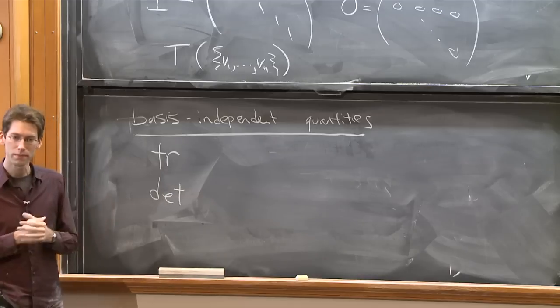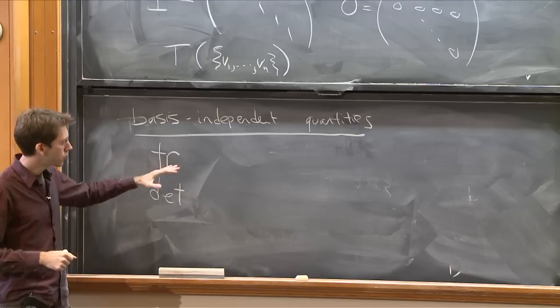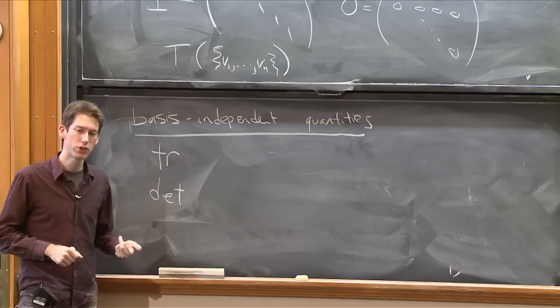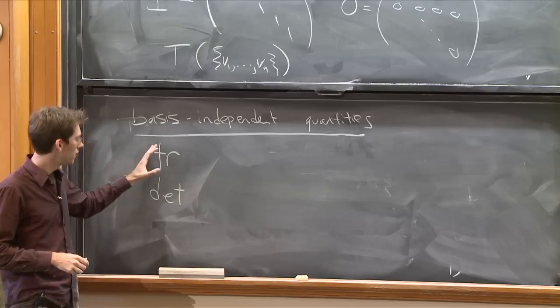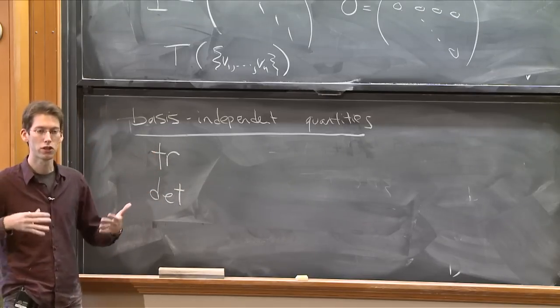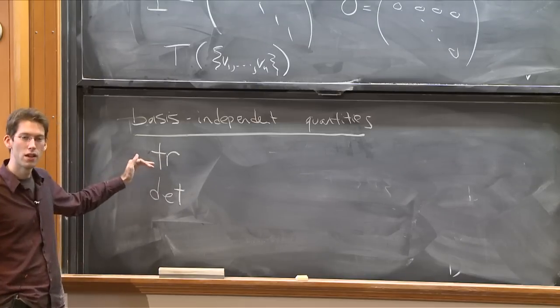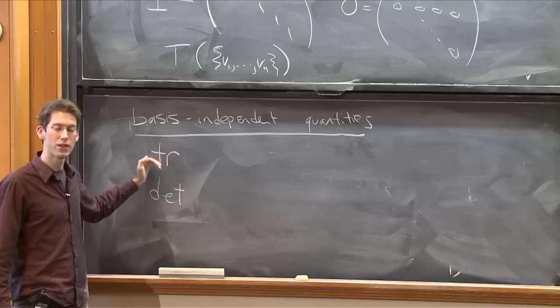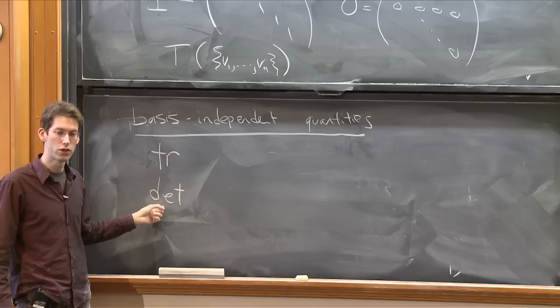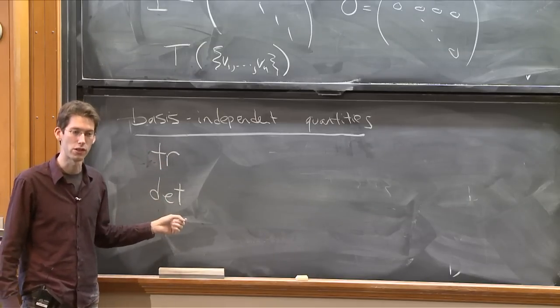Are there many more? It turns out that, at least for matrices with eigenvalues, these can be seen as members of a much larger family. The trace turns out to be the sum of all of the eigenvalues, and the determinant turns out to be the product of all of the eigenvalues.